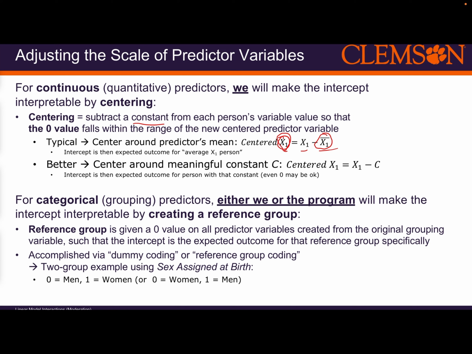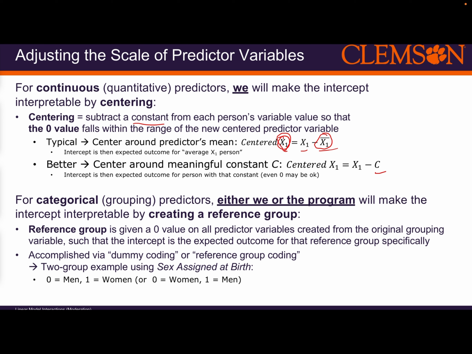So as an alternative, you might say, let's center around a height that seems to be relatively common in a set of people, something like maybe 5 feet 6 inches. The intercept is then the expected outcome for a person with that constant, right?